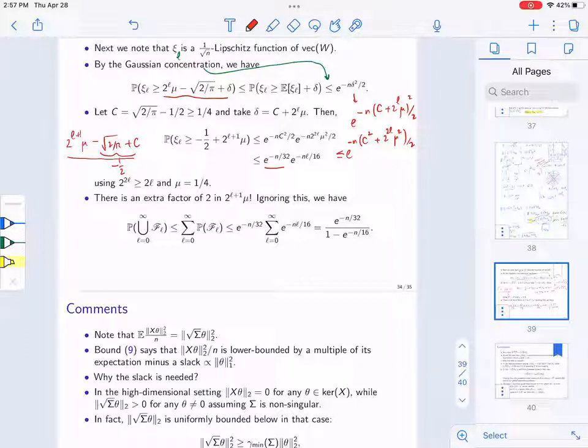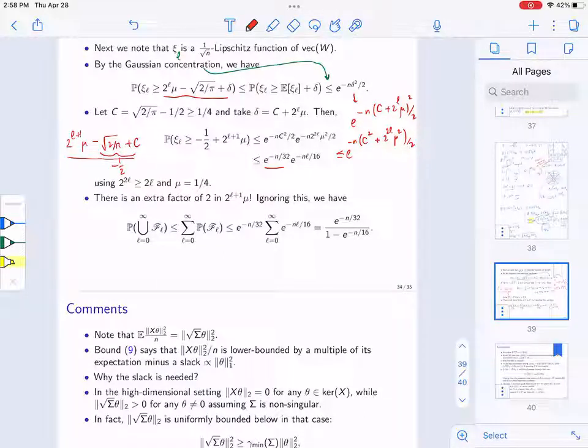And then this part, you further lower bound 2 to the 2L by 2L, and mu is 1/4, so you get 16. Just plug it in here, you get an upper bound. That's the final bound.